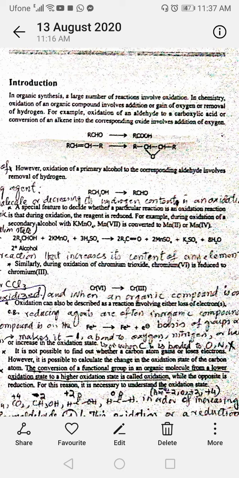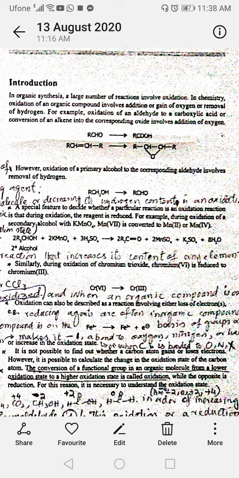Now you have to find the compound whose oxidation state will change in the reaction, and then we have to find out whether there is an increase in oxidation number.